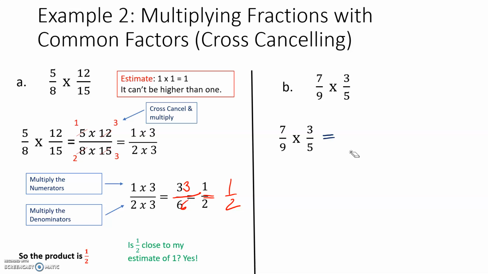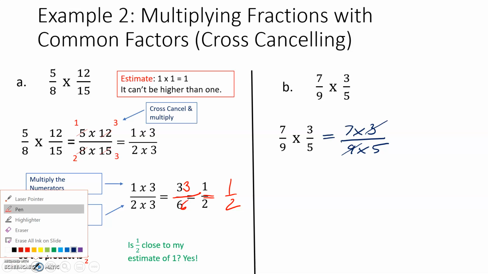What I did works, but let me see. So 7 times 3 over 9 times 5. All right, so cross cancel. I can't cross cancel 7 and 5 because they don't share a common factor, but 3 and 9 share a common factor of 3.